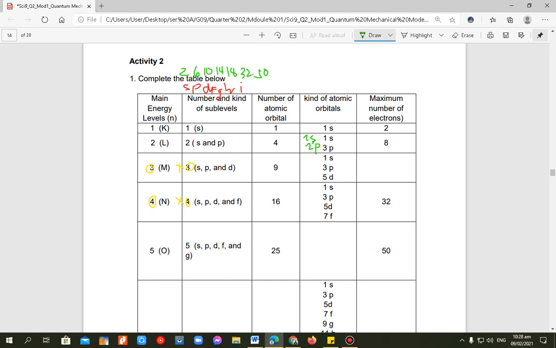So SPDF. Pwede pong gamitin yung 4s, 4p, 4d, 4f. And then so on and so forth. Dito naman, paano nakuha yung maximum number of electrons is that, ganito po yan.